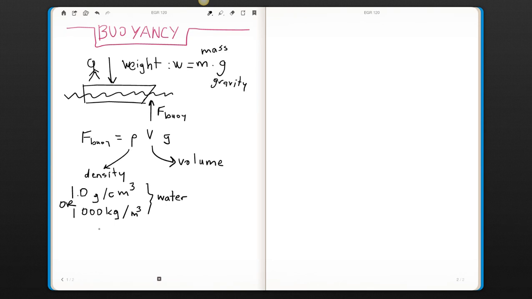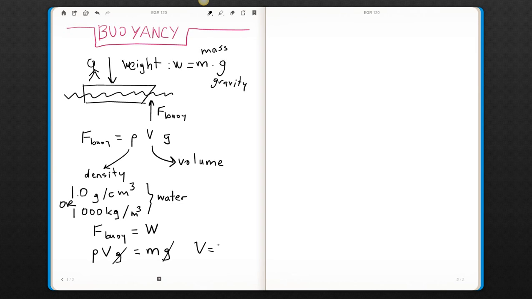So during the equilibrium, what happens is that the buoyancy force is equal to your weight. So you have rho V g, and it's equal to mg. So g is going to cancel, and V is your volume.